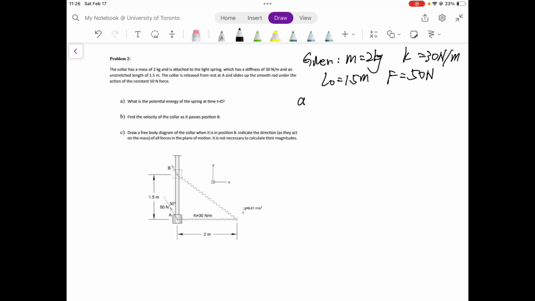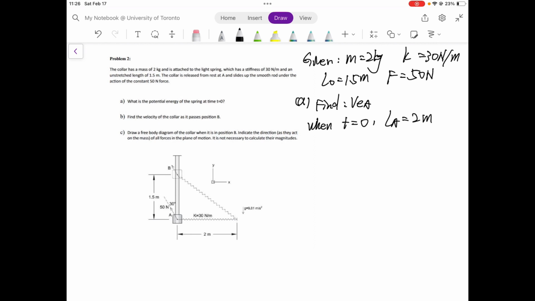What we need to find is the potential energy of the spring at time t equal to 0. So when t is equal to 0, we have LA is equal to 2 meters.